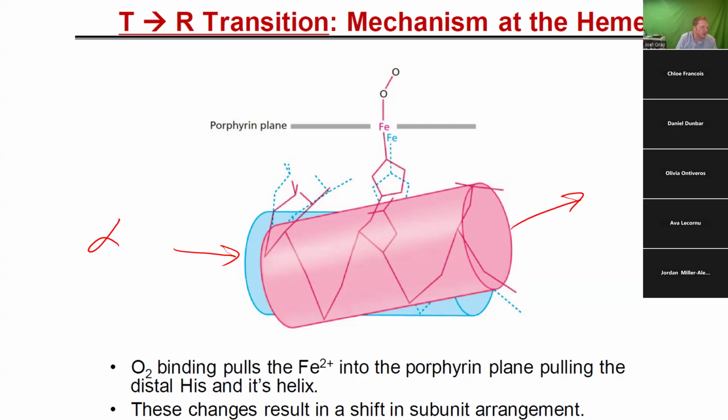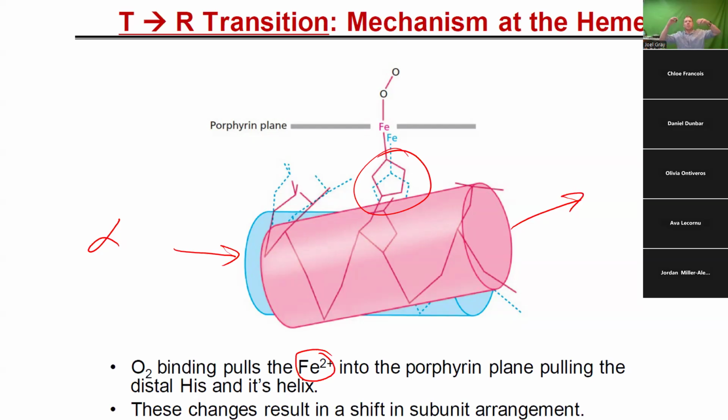Now, this O2 binding pulls the Fe2+ into the porphyrin plane, that's the heme ring plane, and it pulls the distal histidine, the lower one, and its helix. These changes result in a shift in subunit arrangement.